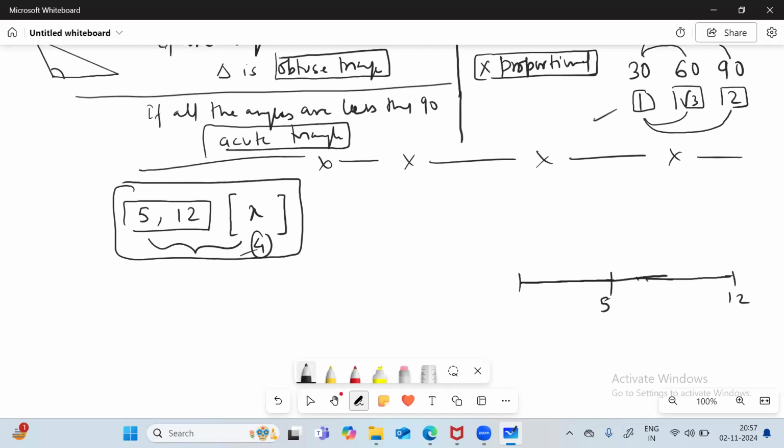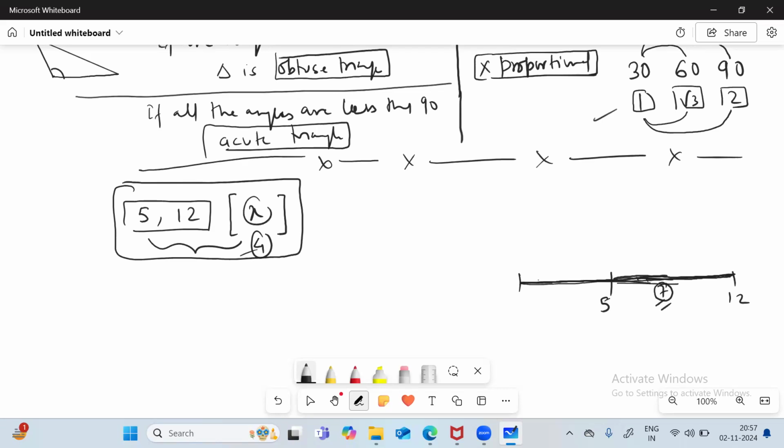What you can see here is, if I take the third side of 7 from this place, then the stick of 12 will lie under, and the sticks of 5 and 7 will coincide on 12 to meet each other. So any side which is less than or equal to 7 can never make a triangle.